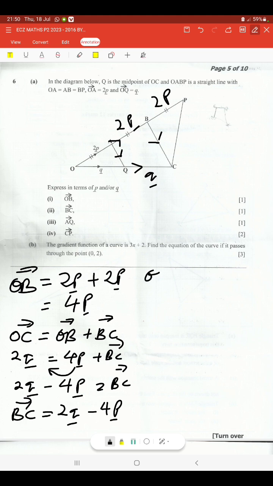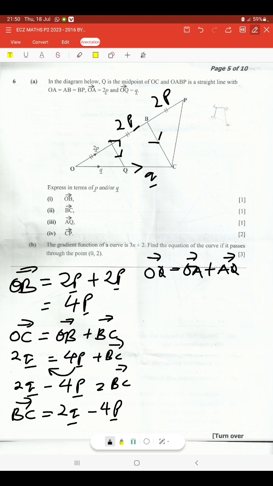So we're going to say vector OQ should be equal to the sum of OA plus AQ.